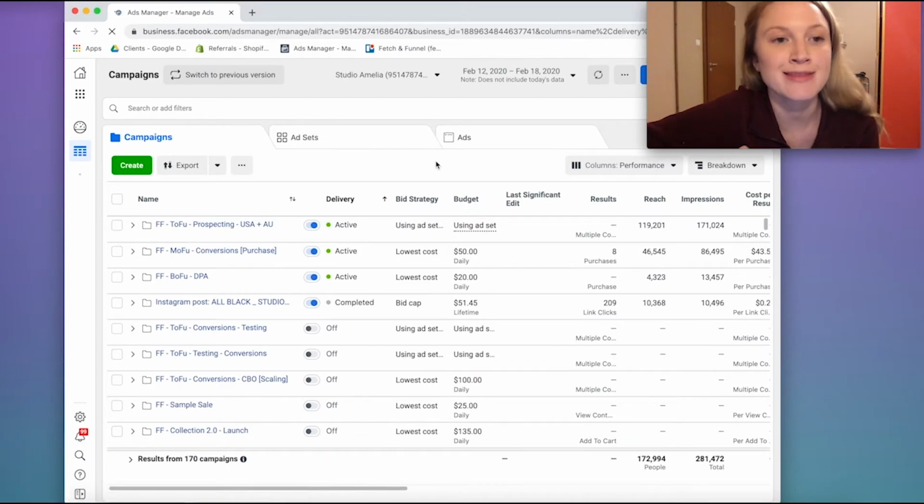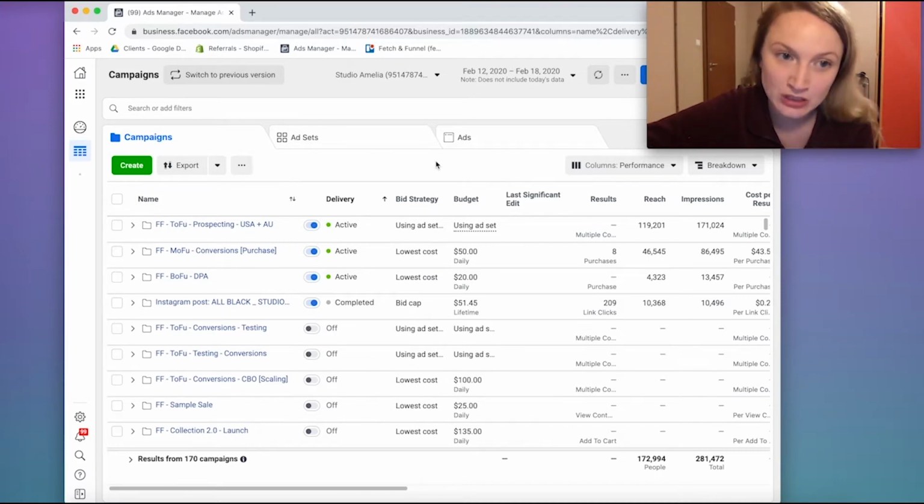Okay, so this is an account that I'm currently working on, and the reason why I wanted to show this to you was because this account has campaigns both using campaign budget optimization and not using CBO.